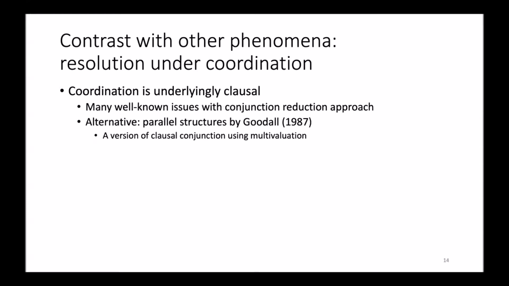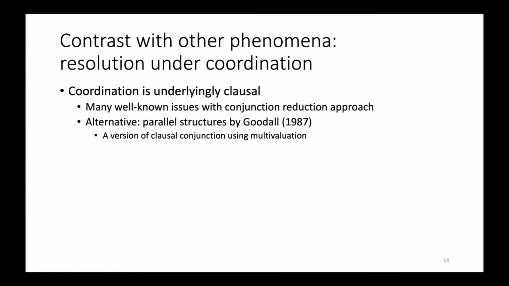And I am going to use this as evidence for coordination being underlyingly clausal, and this kind of view is particularly popular when one looks at the traditional approach to coordination that involves conjunction reduction, but we also know that there are a lot of problems with this approach.